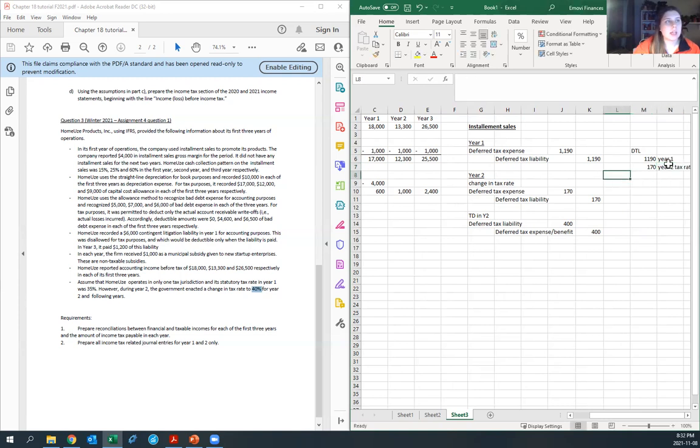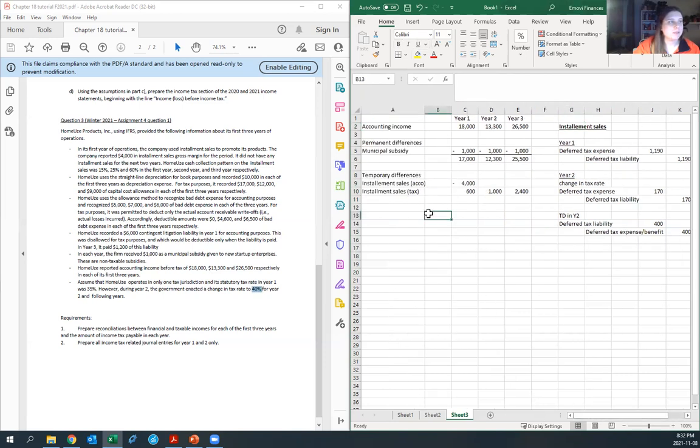And then in year two, again, you're decreasing it by $400. That means at the end of the day, your balance in your DTL account is going to be the amount from year one, plus $170 minus your $400. So you're going to have in your financial statements a deferred tax liability of $960 linked with your installment sales.